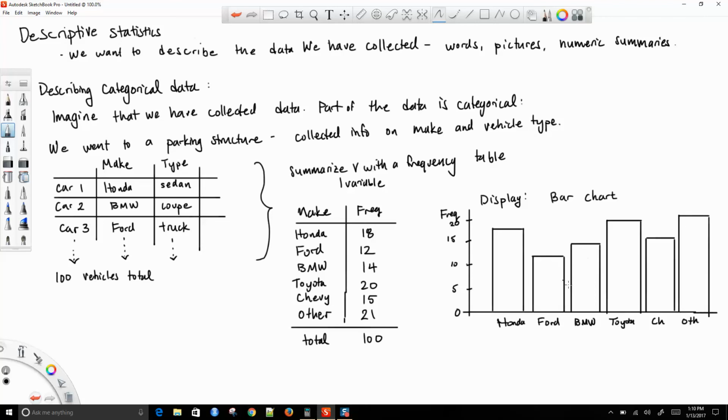So this is the bar chart. All we've done is take these numbers and the heights of the bars represent the frequency there.